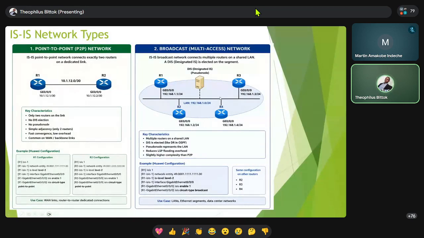That router is going to be elected as the DIS. Unlike OSPF, where a router that has been elected as DR remains the DR until, say, it reboots and we have a re-election, in ISIS if a new router joins with a high priority, it's immediately elected as the DIS.